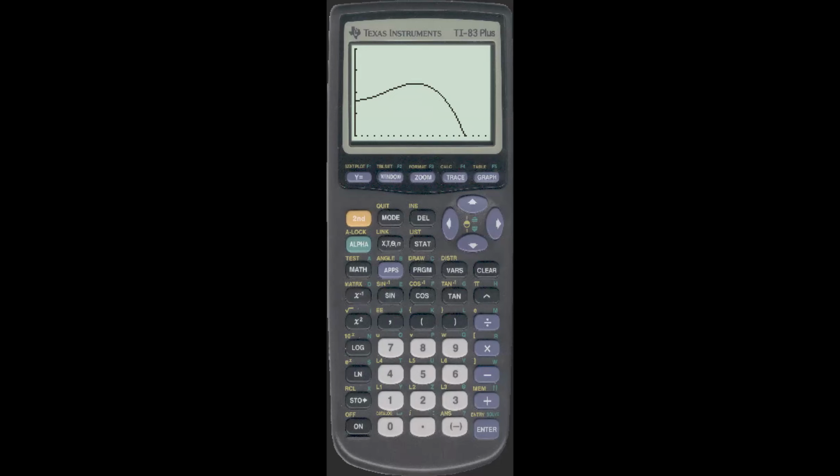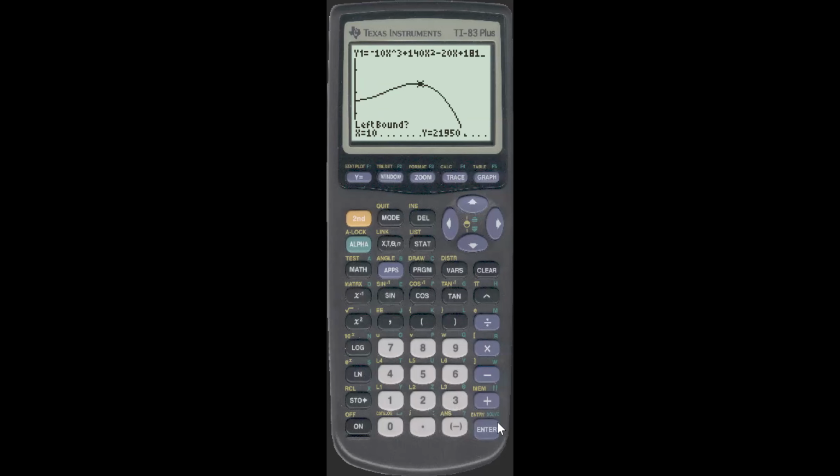The maximum sales you agree is right somewhere in there where my cursor is, roughly. To actually calculate it, you go back and hit second calc again and see where it says maximum. You want to choose that and hit enter.